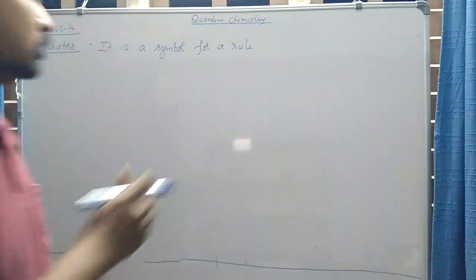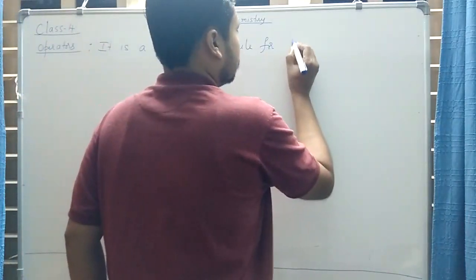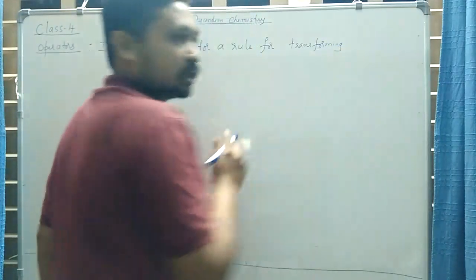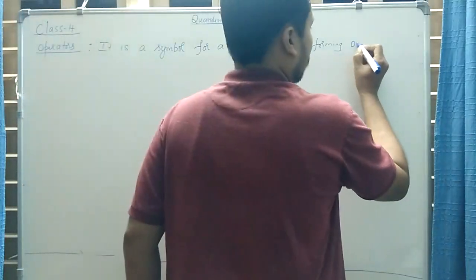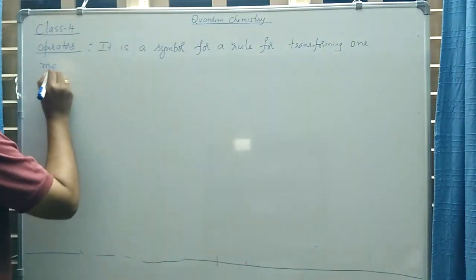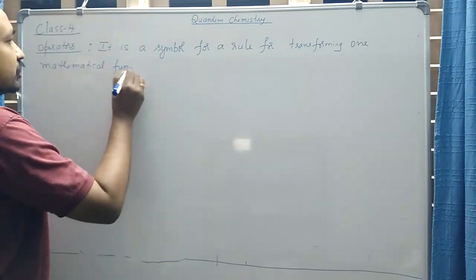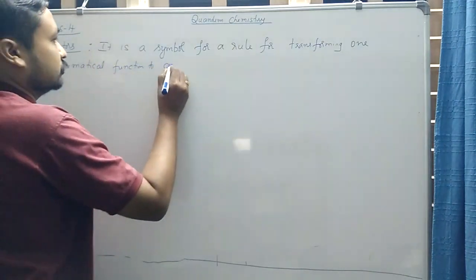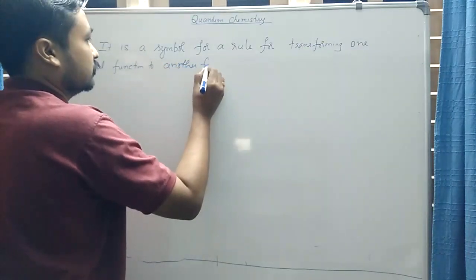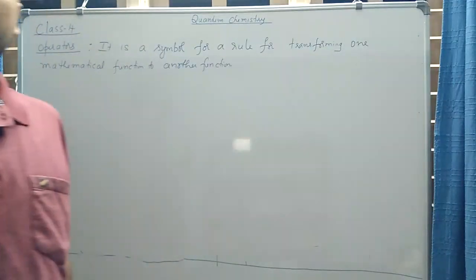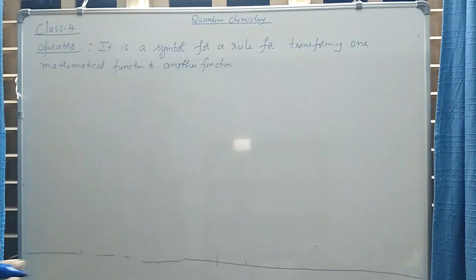It is a mathematical rule for transforming, that is, for converting one mathematical function to another function. So an operator only represents a symbol for a rule for converting one mathematical function to another mathematical function.